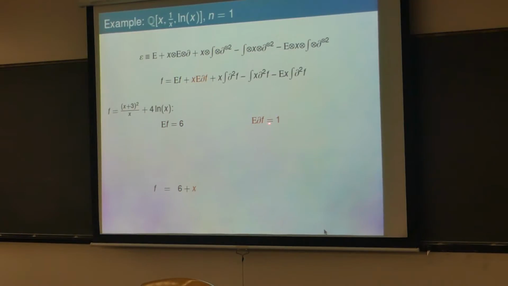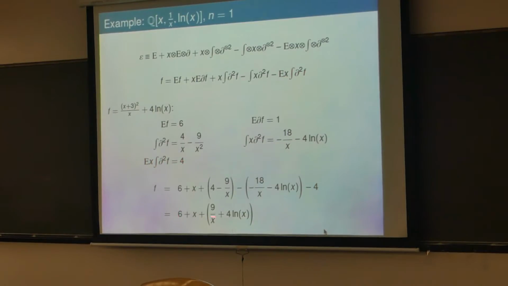The evaluation of the derivative is also 1, so we get x. If you compute this term, this gives the usual remainder term of the Taylor formula, and then we also have the singular evaluation term, which is 4, which corrects this term, and then we get an expression. This would be the development, the Taylor polynomial, for this function.